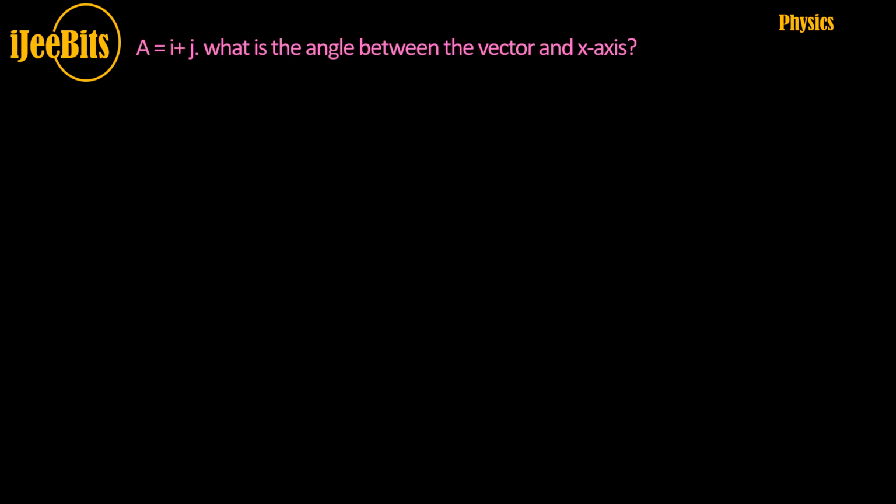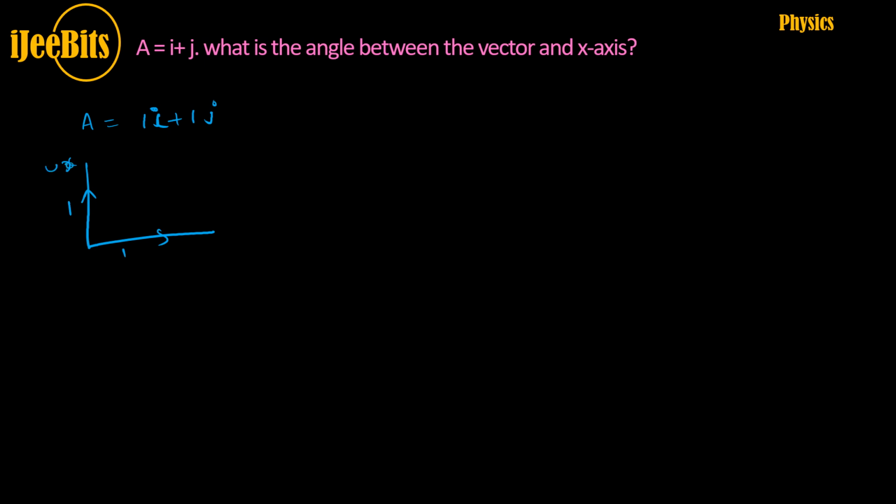One more simple problem. A equal to i plus j. What is the angle between the vector and the x-axis? So when you say A equal to i plus j, 1i plus 1j is what is given: 1 unit in the x direction, 1 unit in the y direction.